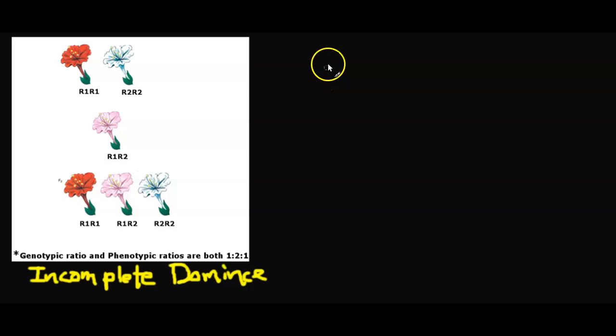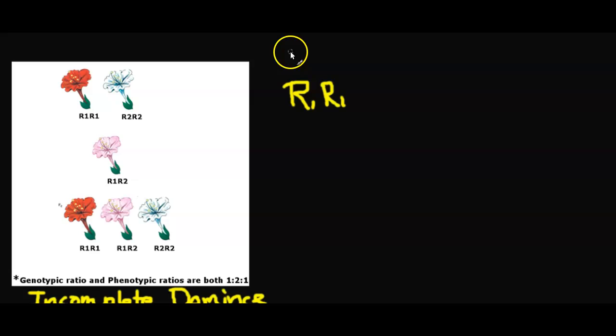Notice how we write it. So we have 2 parents. Notice we have red. And look how you're going to get red. You write a capital letter, R1, R1. This is red. Let's do it this way.